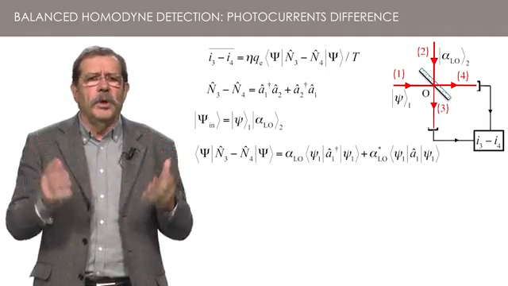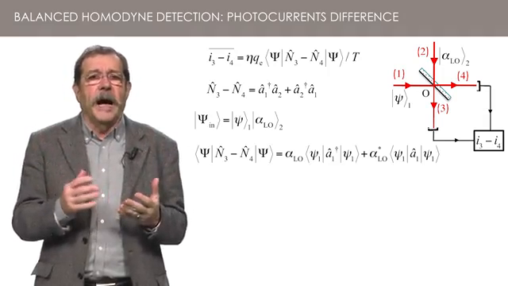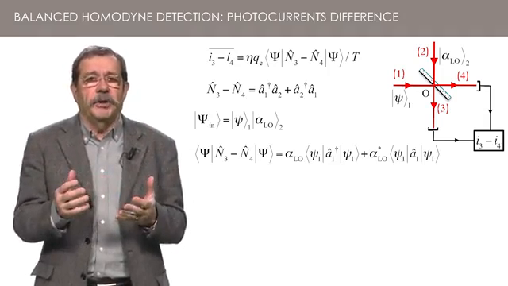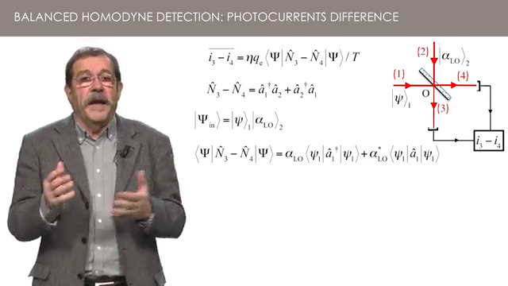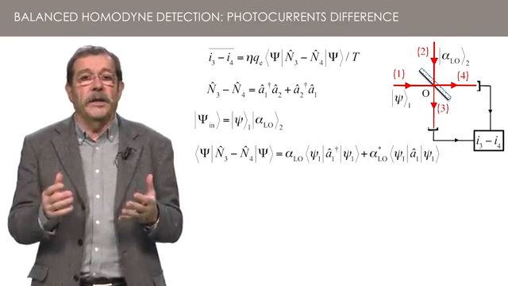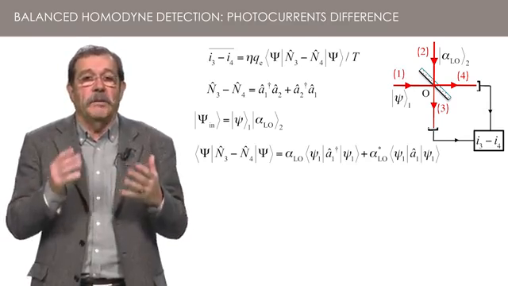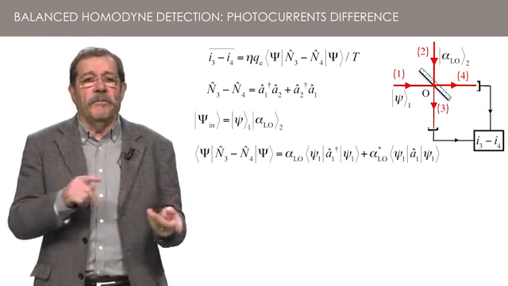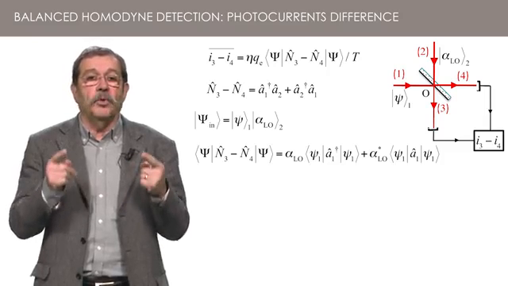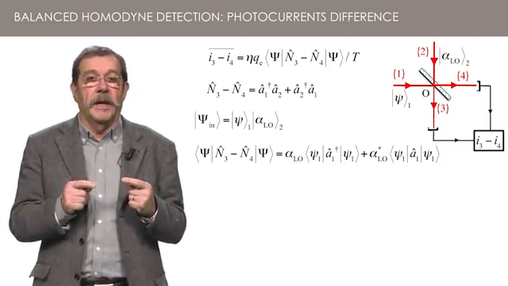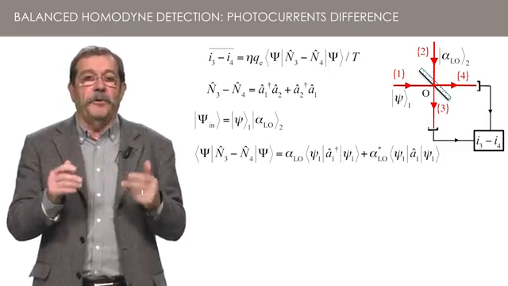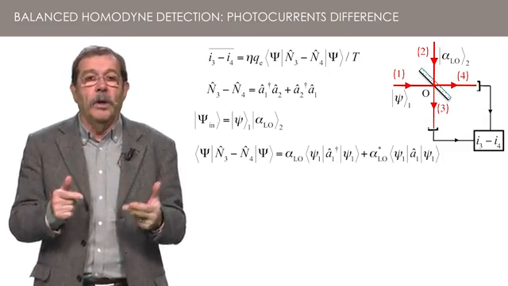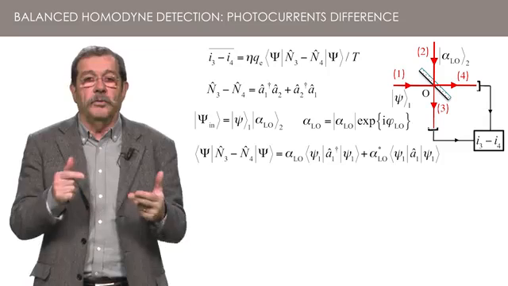You might argue that A and A dagger hat are not Hermitian operators. That is to say, they are not observables and thus do not correspond to genuine measurements. This is true, but the sum of the two terms is associated to a Hermitian operator. This is clearer if you express alpha LO with its modulus and argument.